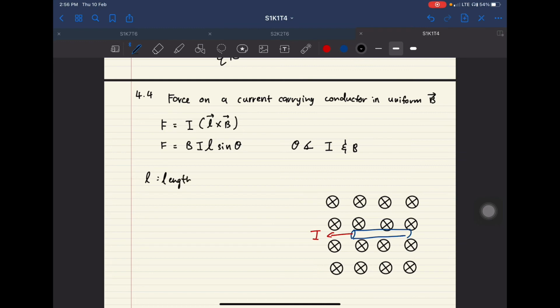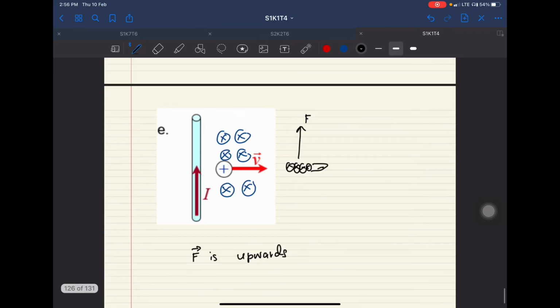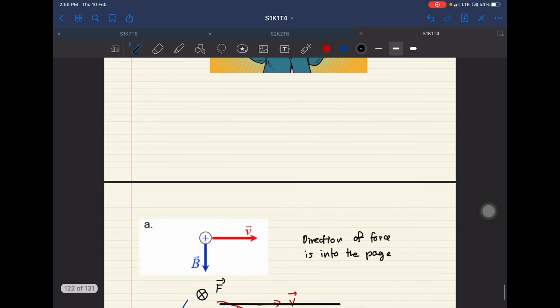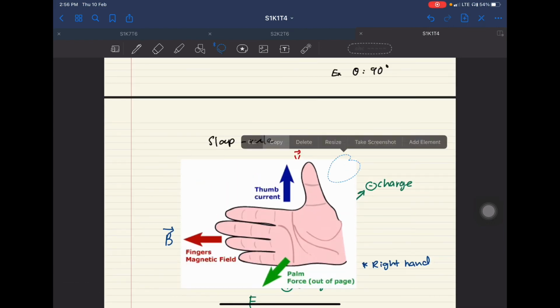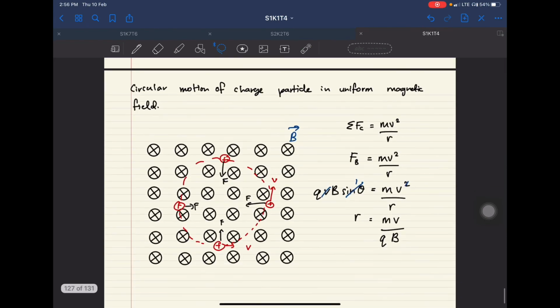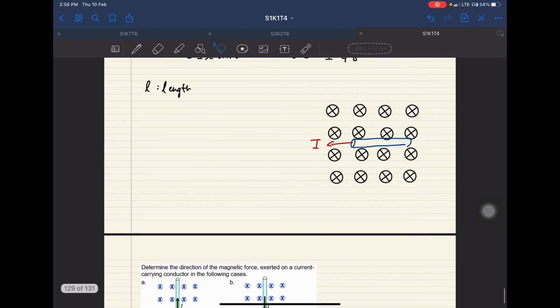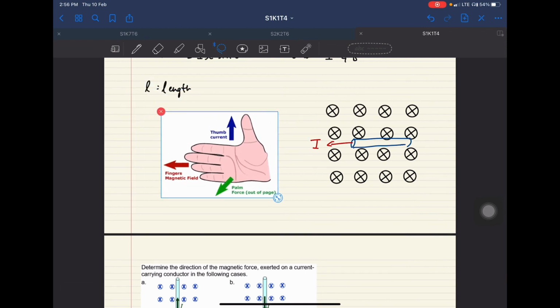If you want to determine the direction, you can use the right hand slap rule, used exactly the same way as when you determine it for a positive charge. I just want to take the diagram here, the picture from just now.